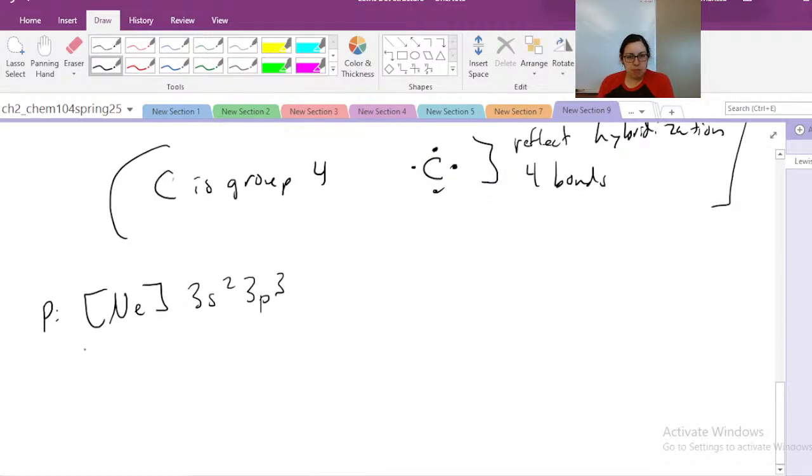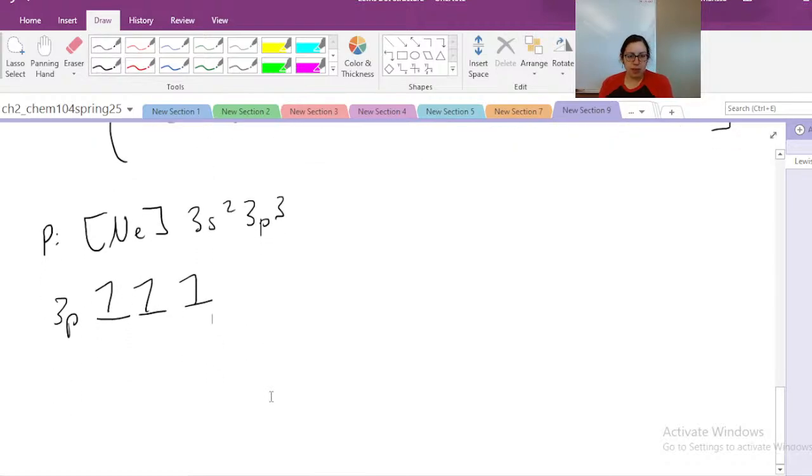So again, same thing. Phosphorus has our 3p, 1 electron in each p, 3s, etc. I'm not going to draw the core. So then its Lewis dot structure is like so.